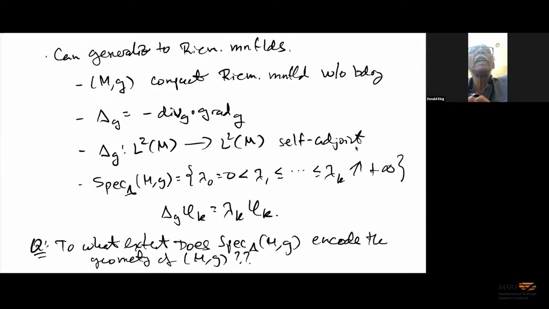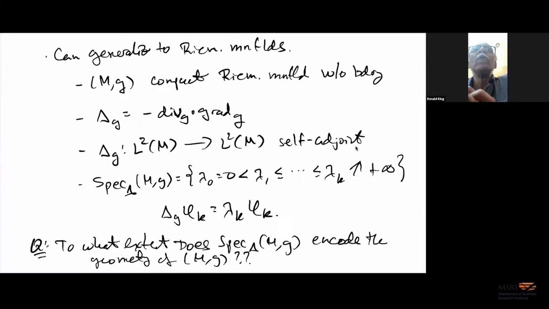And I mentioned that the proper setting for this is to look at a compact Riemannian manifold, M, and its metric, G, and to generalize the constructions that we had in the planar case. So first of all, we can define a Laplace operator in the indicated way.